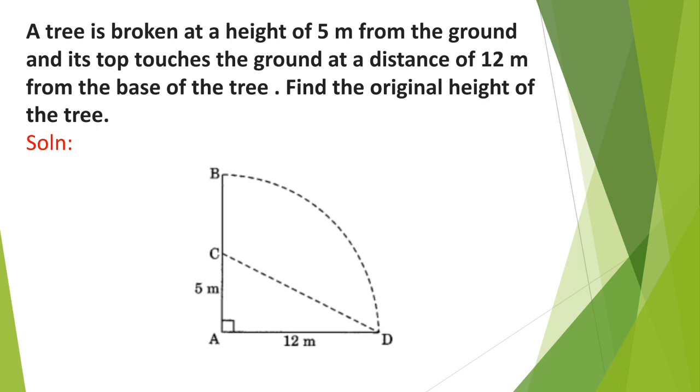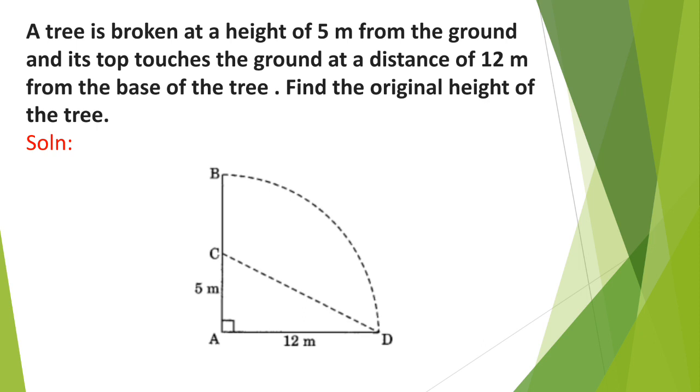We are pointing C. Original height AB, at 5 meters from the ground the tree was broken. We are taking that broken point as C. AC is 5 meter, and the remaining part plus AC is the original height of the tree. Clear?